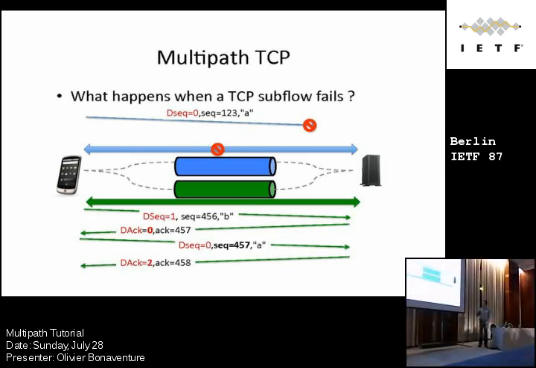What is the acknowledgement that the server will provide on the green subflow? So what is the value of the TCP acknowledgement number, and what is the value of the data acknowledgement that the server will provide over the green subflow?